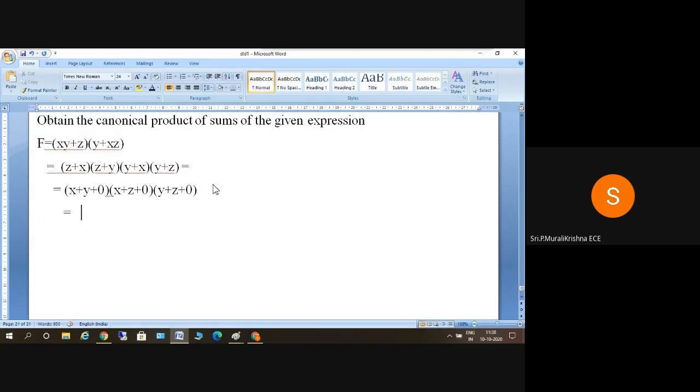And here it is x plus y plus 0, and 0 is nothing but z into z bar because z is missing there. And x plus z plus 0. 0 is nothing but y into y bar because the y term is missing. And y plus z plus 0, x term is missing, so I'll write it as x bar.